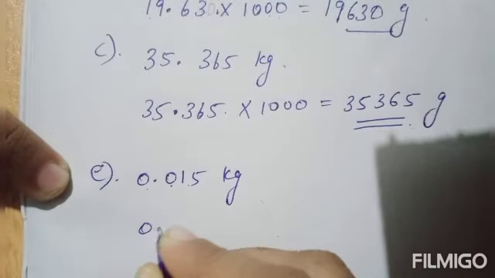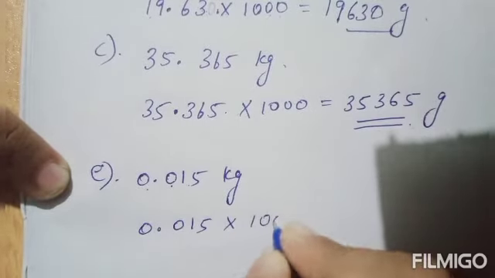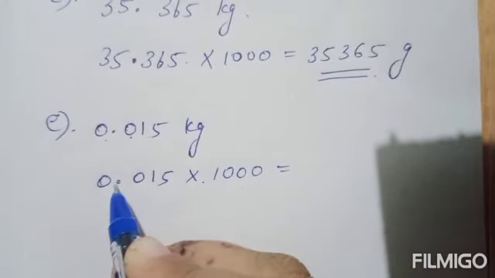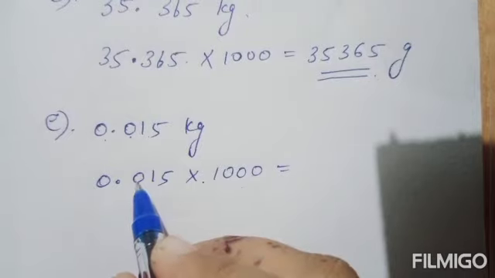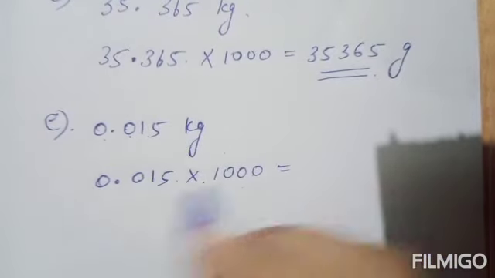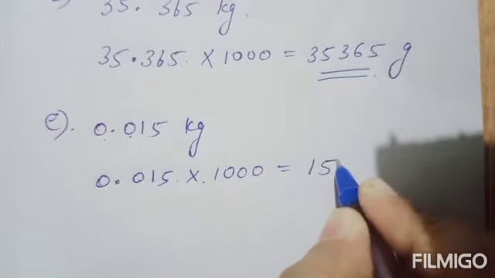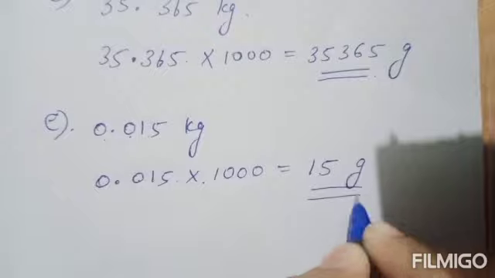You can multiply 0.015 by 1000. Okay. Multiplication by 1000, decimal point will move 3 places to the right. Okay. So this is 1, 2, 3. You will get 0015. That means 15. 15 gram it is. Okay.